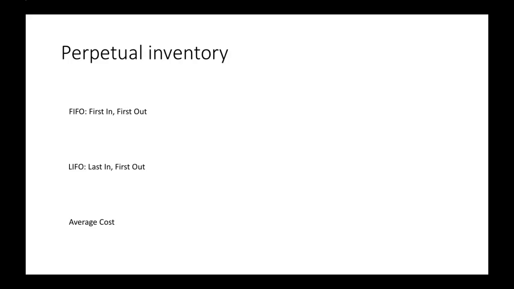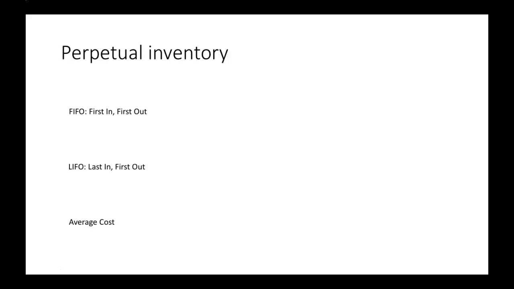LIFO, last in, first out. So the most recent inventory that you just purchased, those are the ones that you're pushing out first. And then average cost is when we combine all of our inventories together, find this weighted average unit cost, and we don't really keep them separate like we do for FIFO and LIFO.